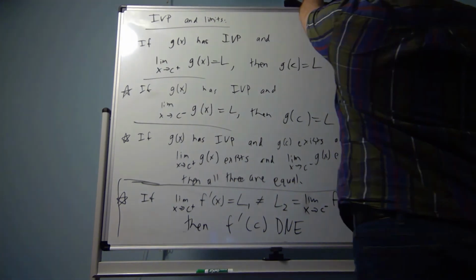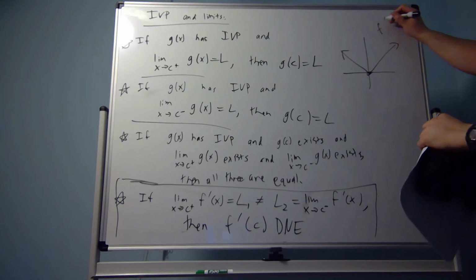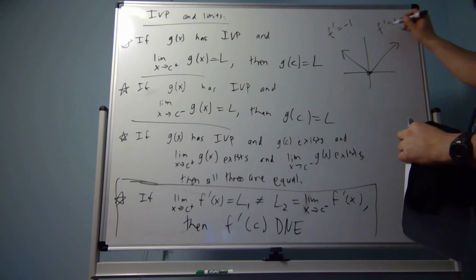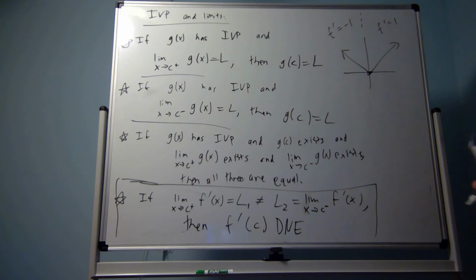So f prime is equal to 1, f prime is equal to -1. You've got the derivative has two different one-sided limits. And if the function were differentiable at 0, then the derivative would have the intermediate value property. But if the limits disagree, then the derivative itself just cannot exist whatsoever at that point of disagreement.